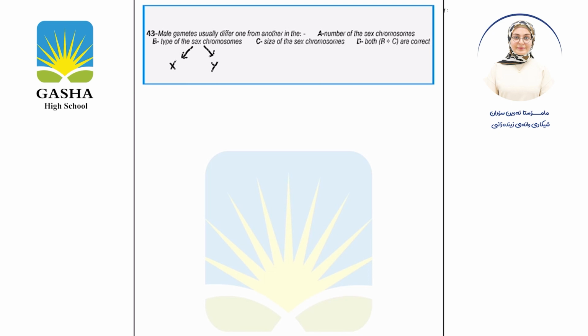As you know, X is larger than Y. Y is smaller. So if it contains X, it's larger. If it contains Y, it's smaller. So yes, in the size of the sex chromosome, they are also different. D, both B and C. So the most true answer for question 43 is D.